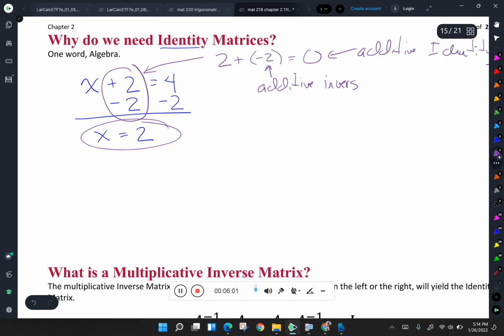And then when your math got a little bit harder, you started doing things like this. 3 times x equals 12, and then your job was to solve that. And so you'd say you divide by 3, but technically what you're really doing is you multiply both sides by 1/3.